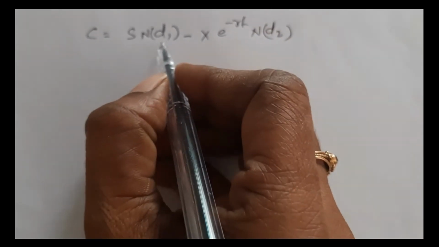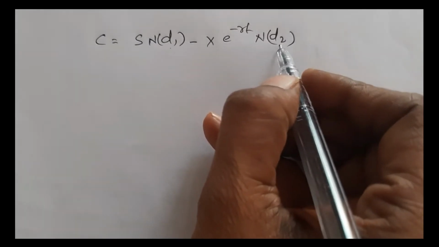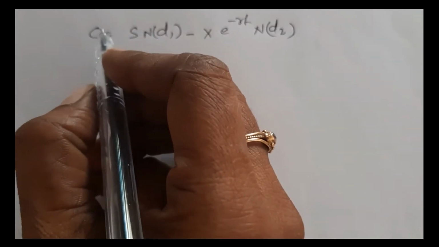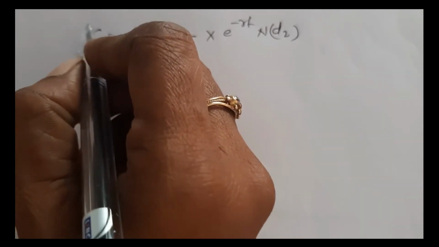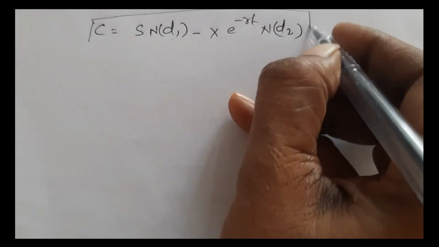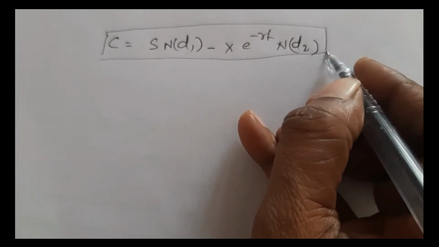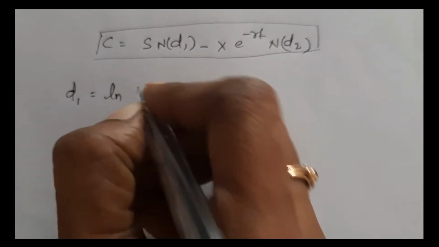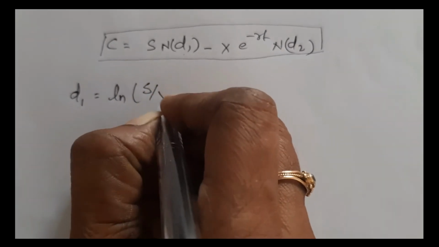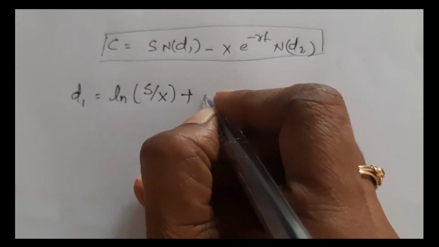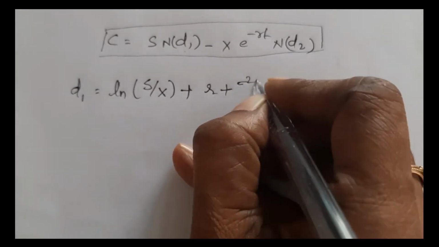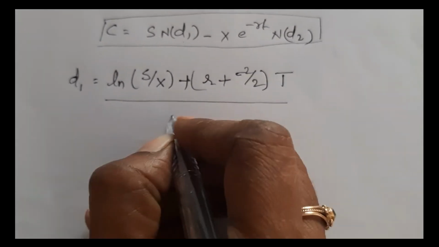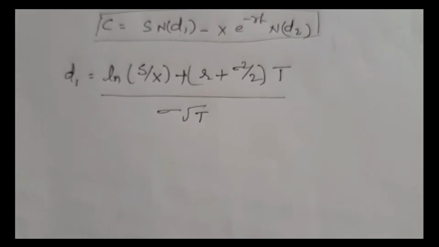So we need to calculate d1, d2 initially, then N(d1), N(d2). Then later on we can apply all given information in this formula so that we will get call option price. So d1 is equal to ln of S divided by X plus R plus sigma square by 2 into T whole divided by sigma square root T.